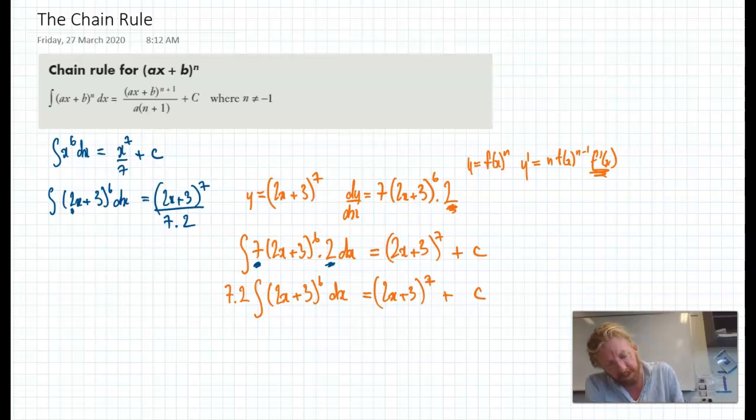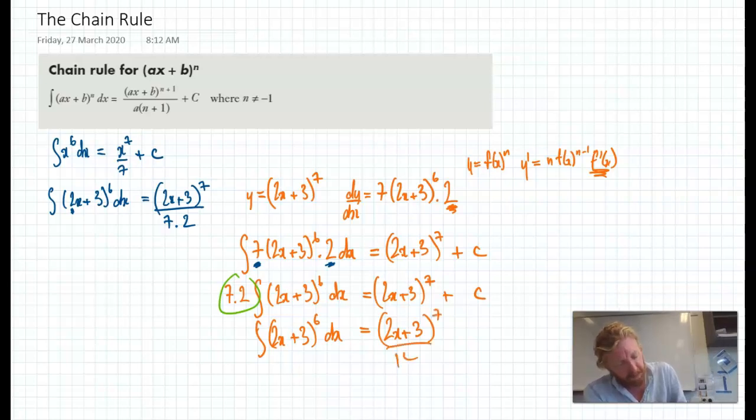Now what I'm going to do is just divide both sides by this. So the integral of (2x plus 3) to the 6 dx equals (2x plus 3) to the 7 divided by 14 plus c. Now why didn't I divide that c by 14? I really should do that.